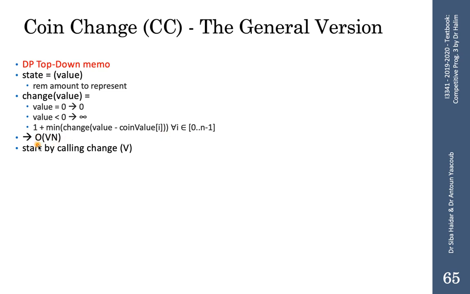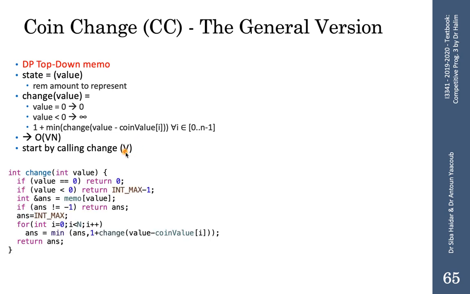So the overall complexity is O(V times n), and we start by calling change of the target amount V. So this is the recursive function. Every time you have the value v to represent, it's either one of the base cases, where you return the appropriate value, or otherwise we use memoization in order not to recalculate overlapping problems, because obviously there are overlapping problems here.